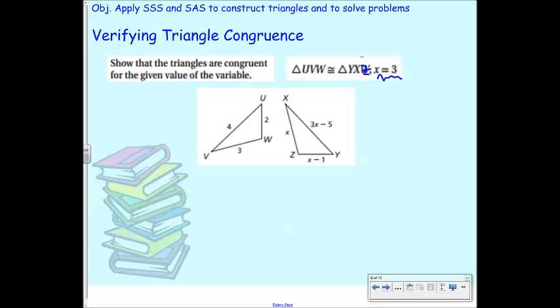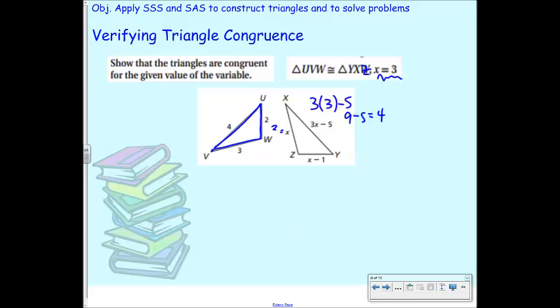So I know that in UVW, the legs are 2, 3, and 4. Over here in XYZ, I just want to plug in 3, and here it would be 3 times 3 minus 5. What's 3 times 3? 9 minus 5 is 4. So one side is 4. Over here I plug in x, and I just know that that's 3.